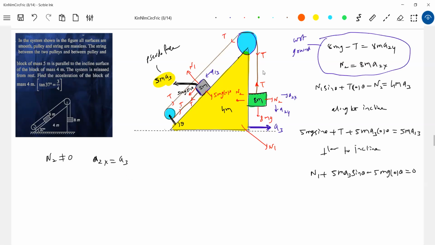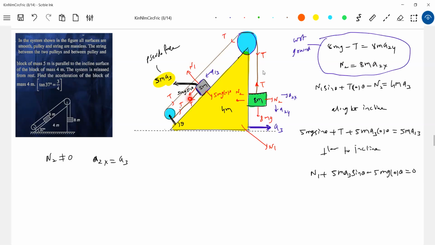Now, what to do with this string? I think the string will definitely help us a lot. How to bring a constraint relation between A3, A2y, and A13? What is this length?